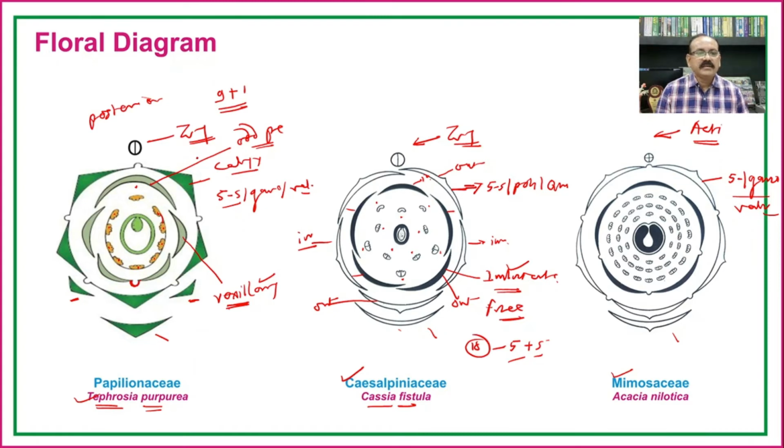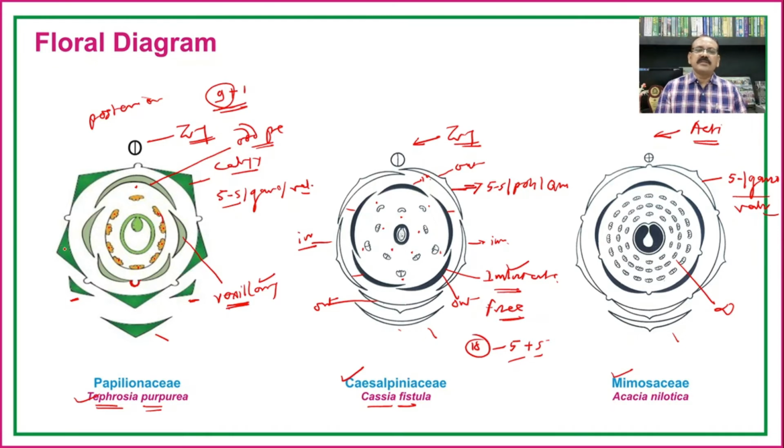Here there is a fusion among the filaments of 9 stamens in Tephrosia, but such fusion is not present in the family Caesalpinaceae, while there are infinite stamens in the family Mimosaceae, in Acacia nilotica.